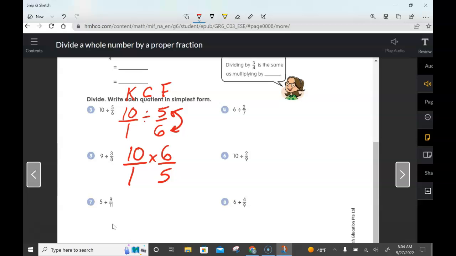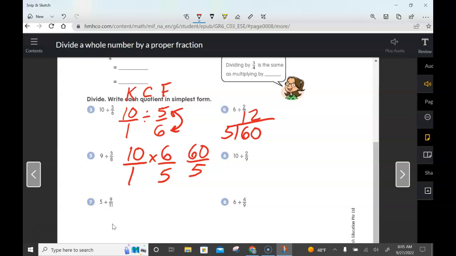So we keep the dividend, we change division to multiplication, and then we flip the divisor to its reciprocal. Now what we do is we just simply multiply. 10 times 6 is going to give me 60. 1 times 5 is 5. We don't need to get a common denominator with multiplication. And now we have 60 over 5. Now in order to get this in simplest terms, we need to take 5 into 60.